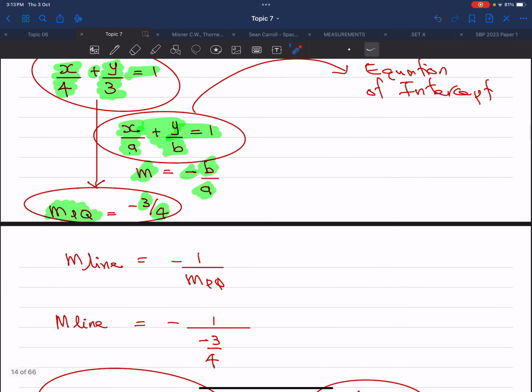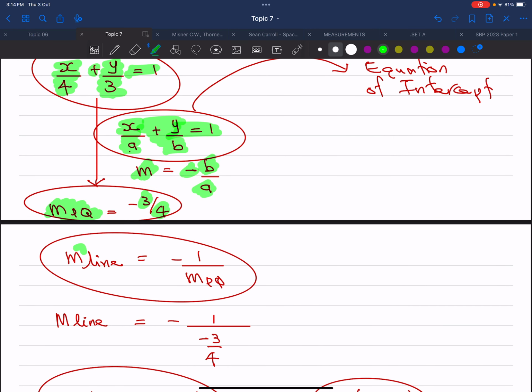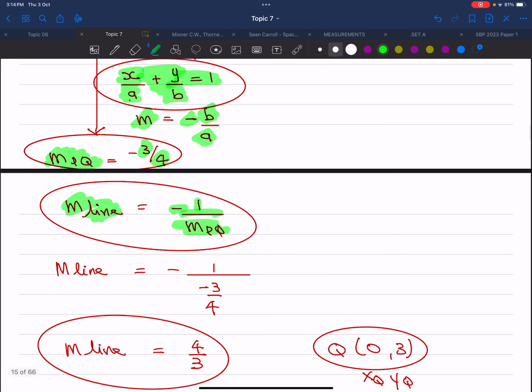I write the formula again: the gradient of the line is negative 1 over the gradient of PQ. We have the gradient of PQ as negative 3 over 4. I take this lower fraction and bring it up.